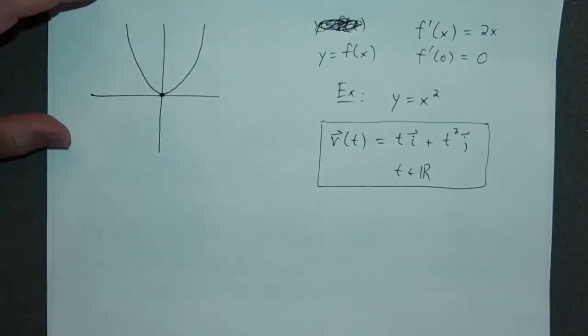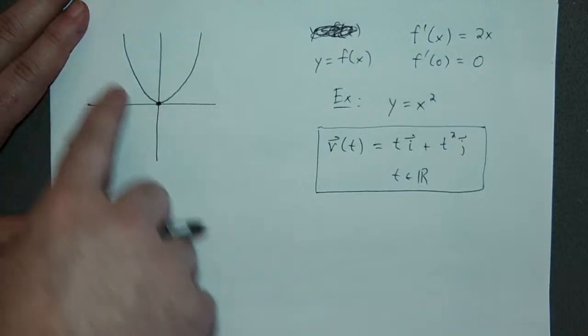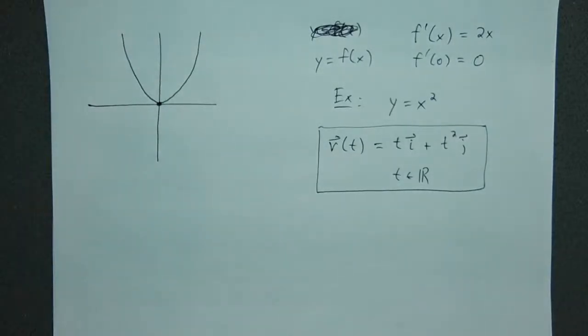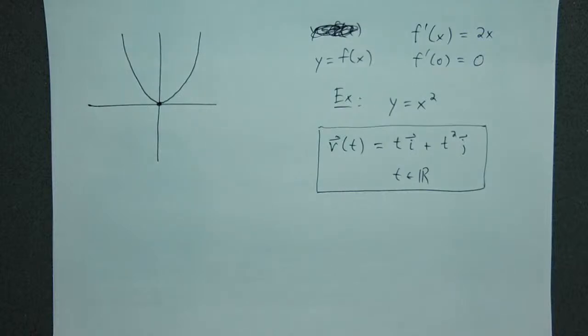This is exactly the canonical example of what it means when a derivative is equal to 0 for a curve. It has a horizontal tangent line, which means it turns like this. It has a relative max or min.